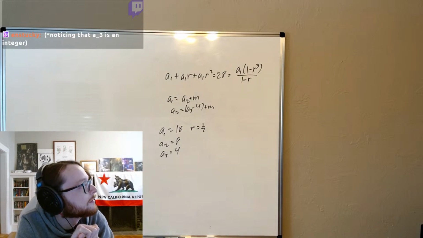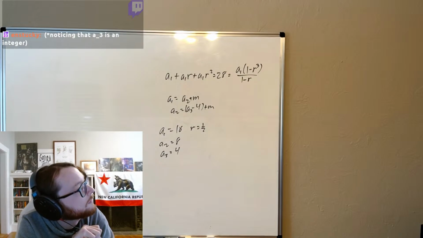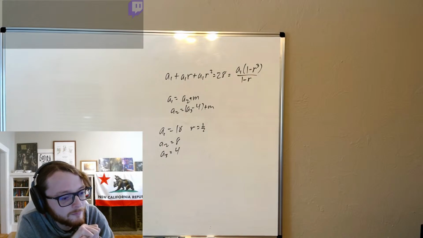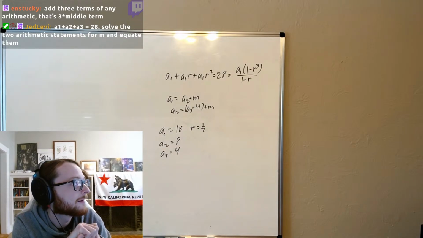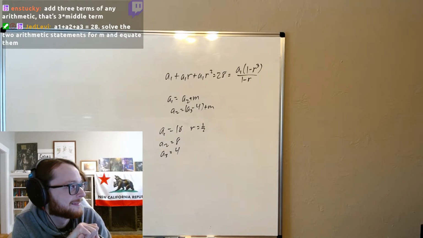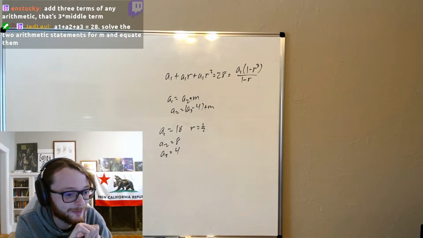Three times A2 is the sum of any three consecutive terms of an arithmetic sequence. Oh, really? I guess that makes sense. I definitely didn't know that offhand.